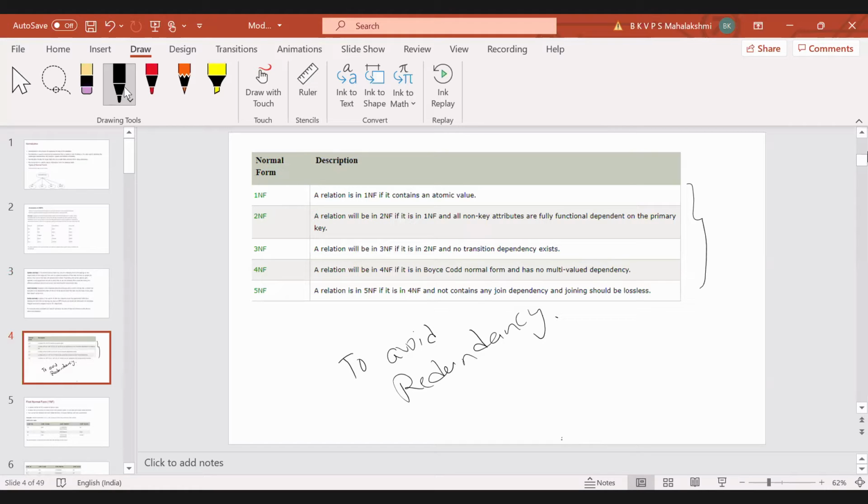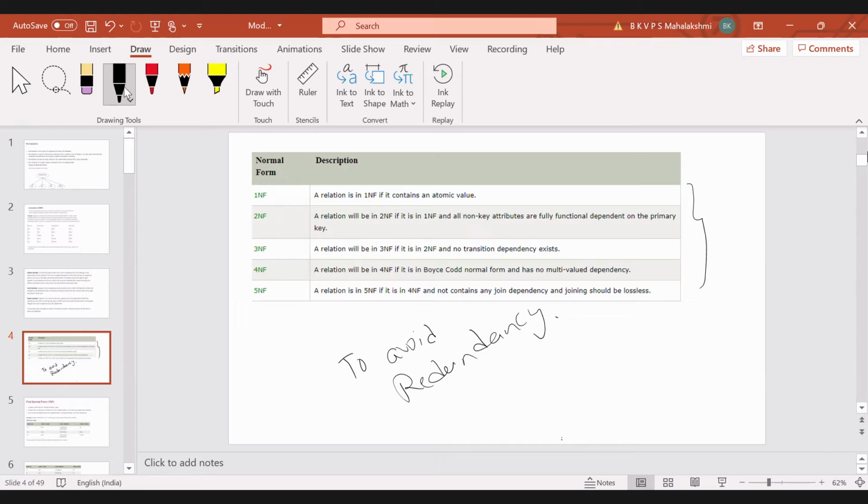Those parts are named first normal form, second normal form 2NF, 3NF, 4th NF, 5th NF. We have to check each and every normal form for the taken relation.